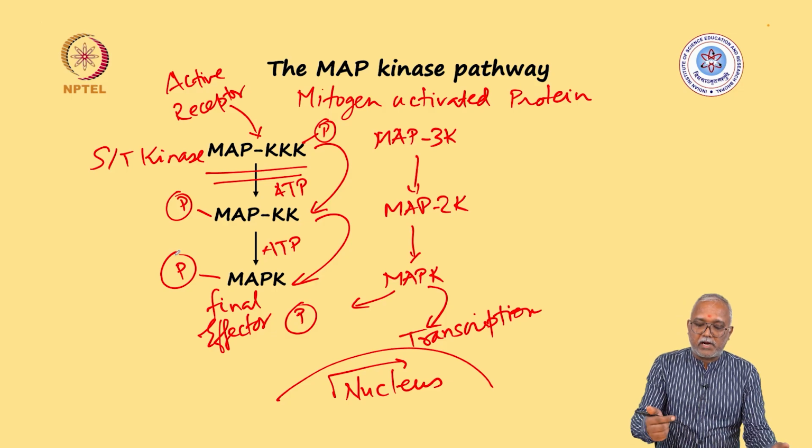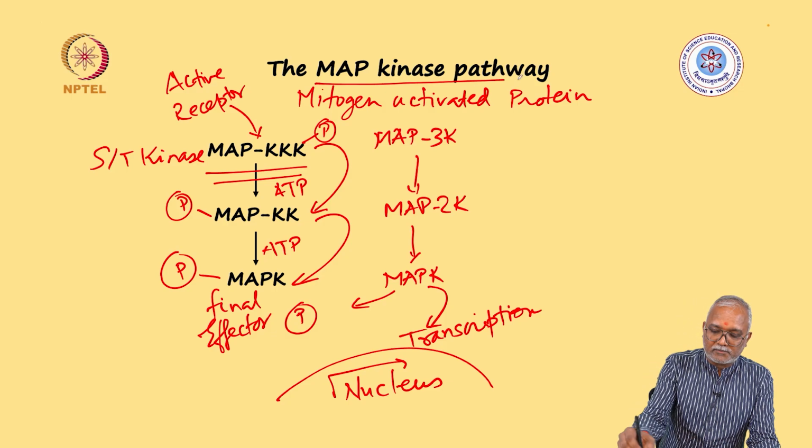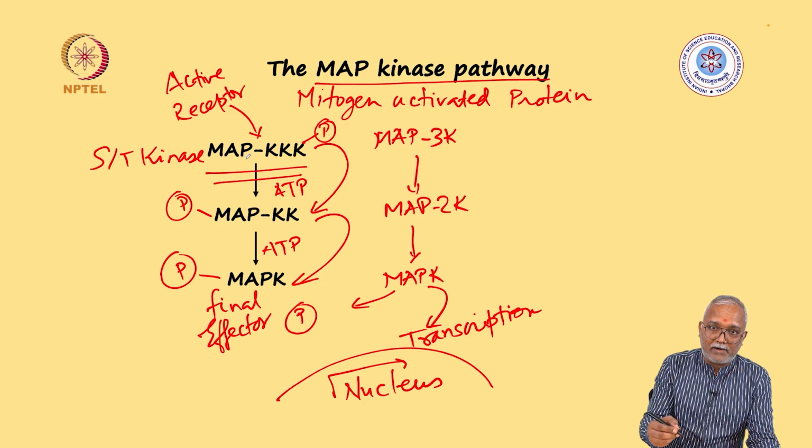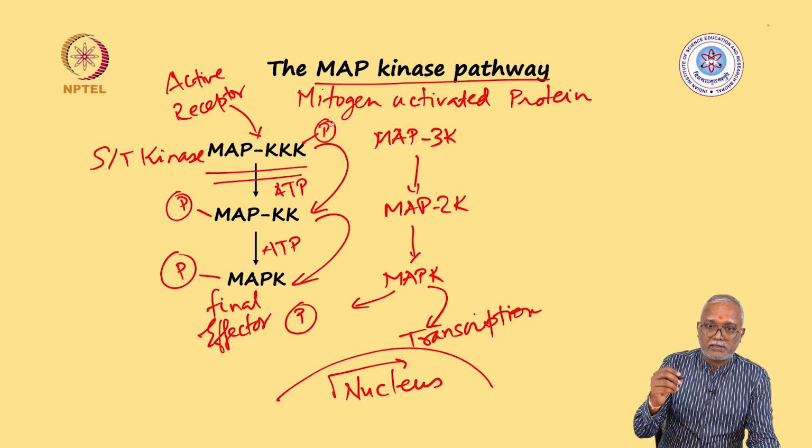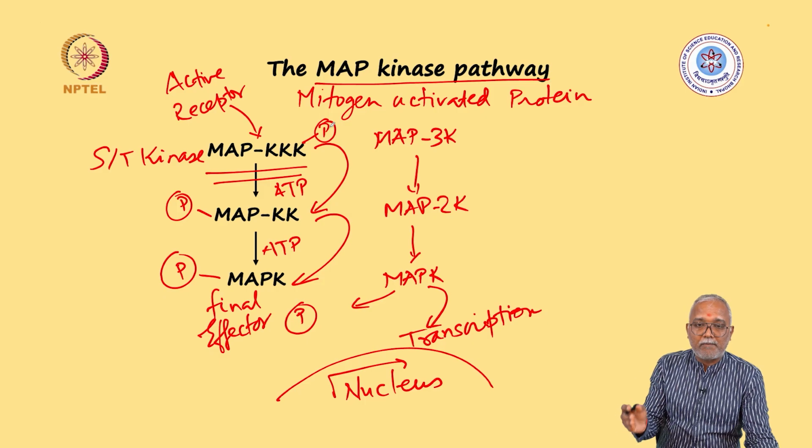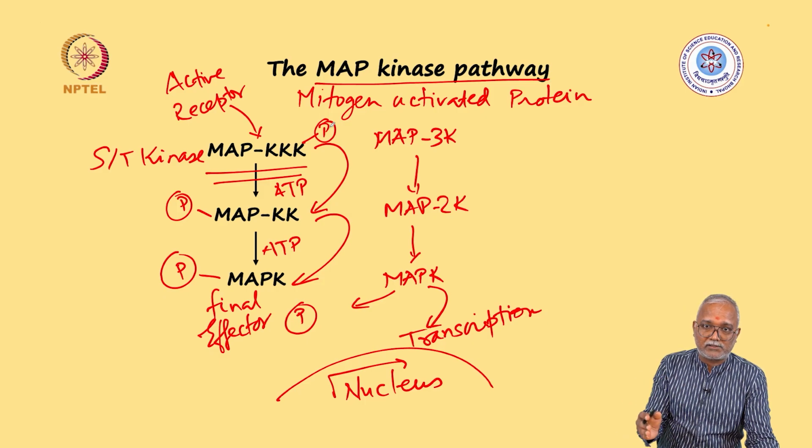In this particular scenario of the MAP kinase pathway, each of these three kinases is activated by the presence of the phosphate group. So it is in some sense a phosphorelay, but utilizing ATP at every step.